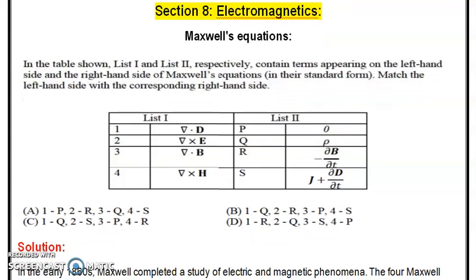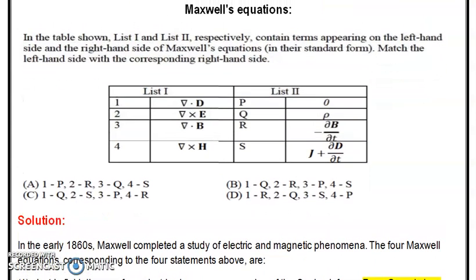If we look at the Maxwell equations, in the early 1860s Maxwell completed a study of electric and magnetic phenomena. The 4 Maxwell equations correspond to 4 statements.